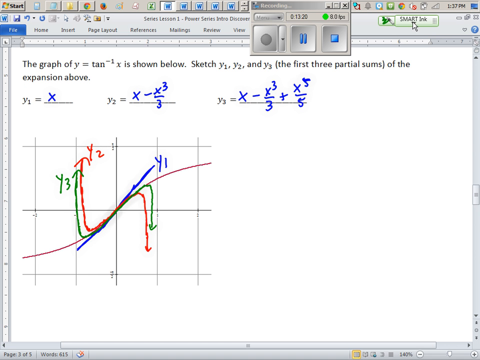Now I've exaggerated a little bit, okay? Probably that green thing I drew for you is more like y99. But I'm trying to get you to understand the idea that the polynomial comes in, hugs the curve, and then leaves. Right? But the polynomial is faithful to the curve between -1 and 1. That's the interval of convergence.